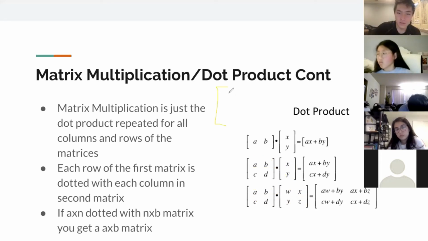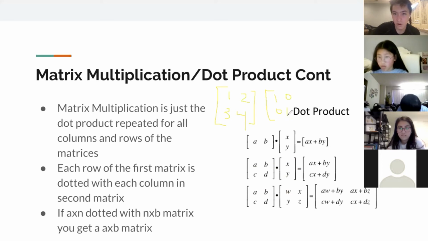Let's do something simple. 1, 2, 3, 4, dotted with, let's just go 1, 0, 0, 1. What is that if you dot them together?